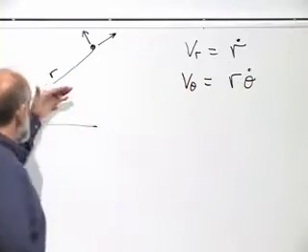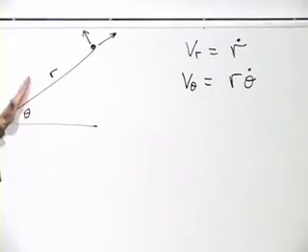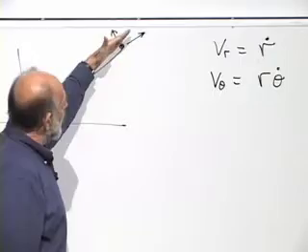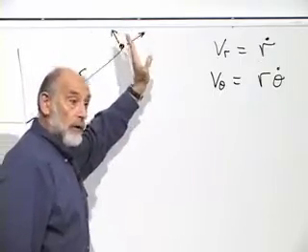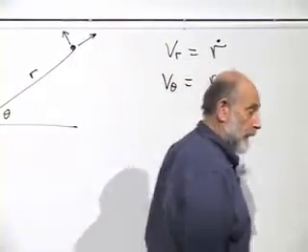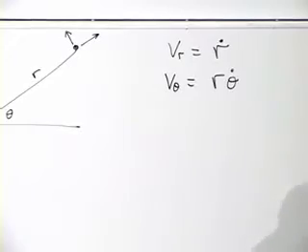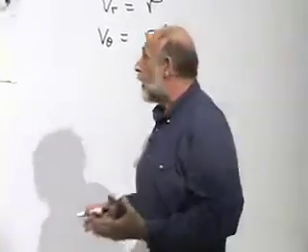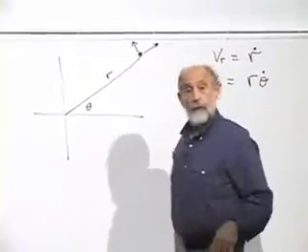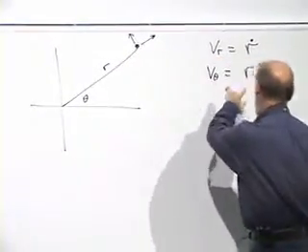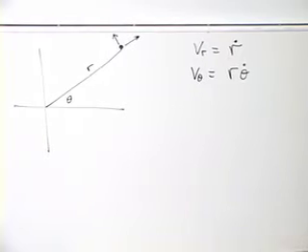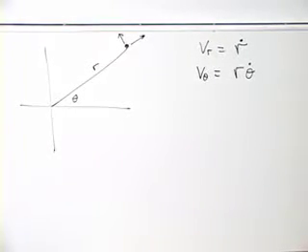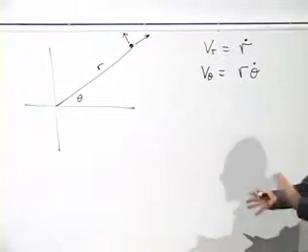Why? Because a given rate of change of the angle will correspond to a larger velocity the further away you are. A given angular velocity, theta dot, will give you a larger overall velocity the further away you are, proportional to r.